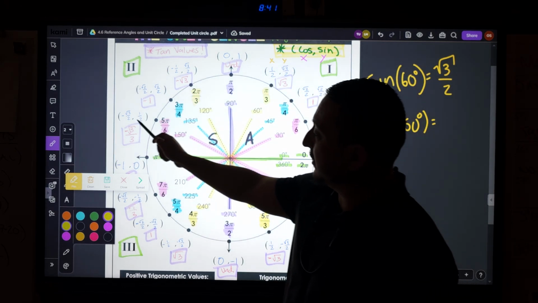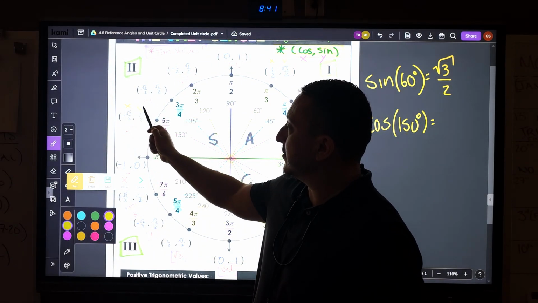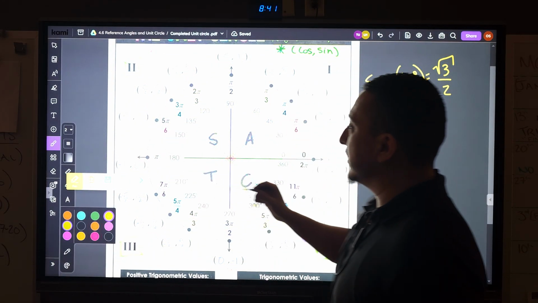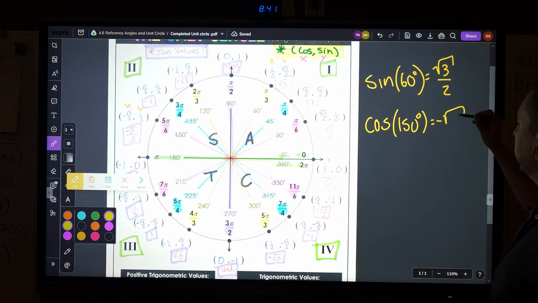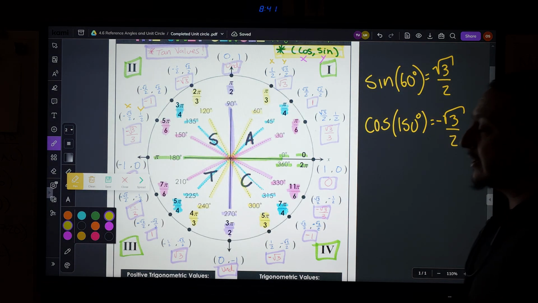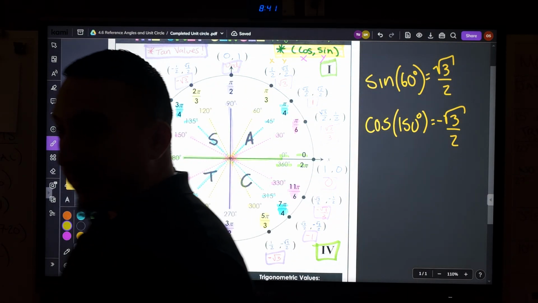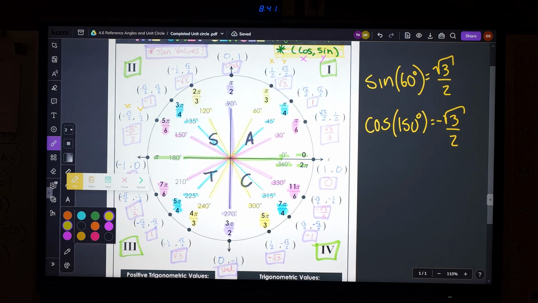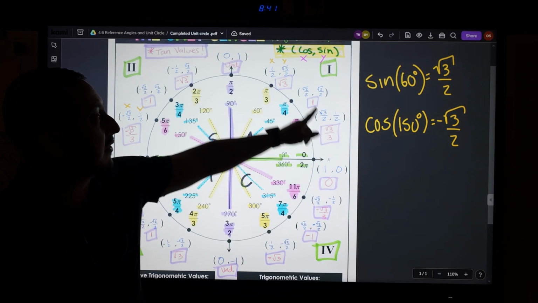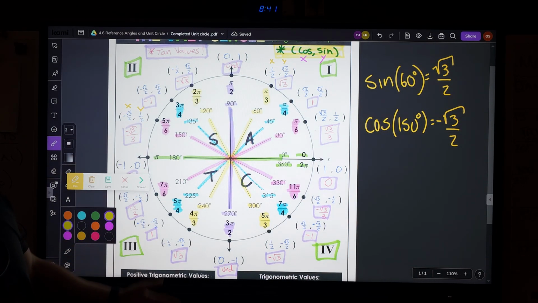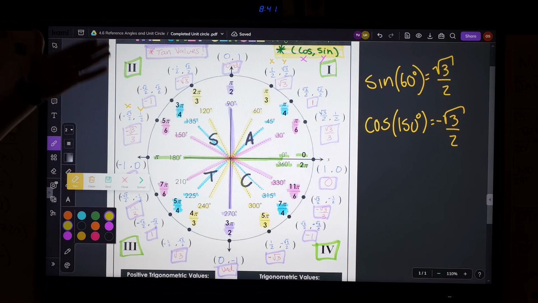So at 150, here's the x, here's the y. So x is negative square root of 3 over 2. Be very careful about when the values are positive and when they're negative, because they're all kind of the same values. They're either positive or negative though. So anyways, that's cosine, that's sine.